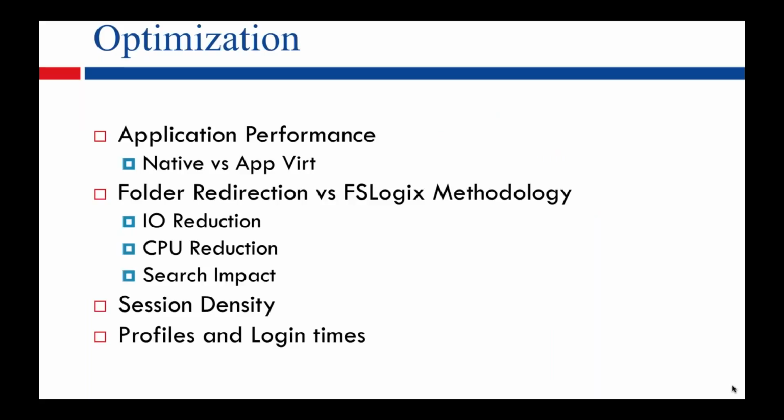Let's talk a little bit about how all this stuff optimizes what we're doing, right? XenApp, app virtualization, App-V, whatever you want to call that technology, has a little bit of overhead, okay? Part of that overhead is the fact that I have to put it into a bubble. I have to isolate it away from the operating system.